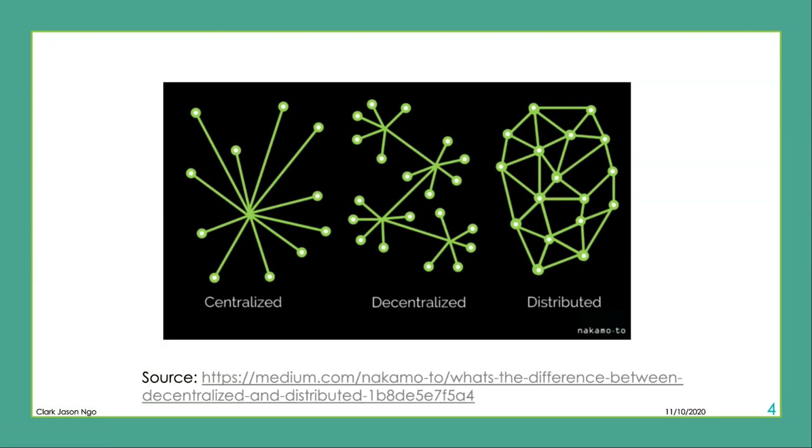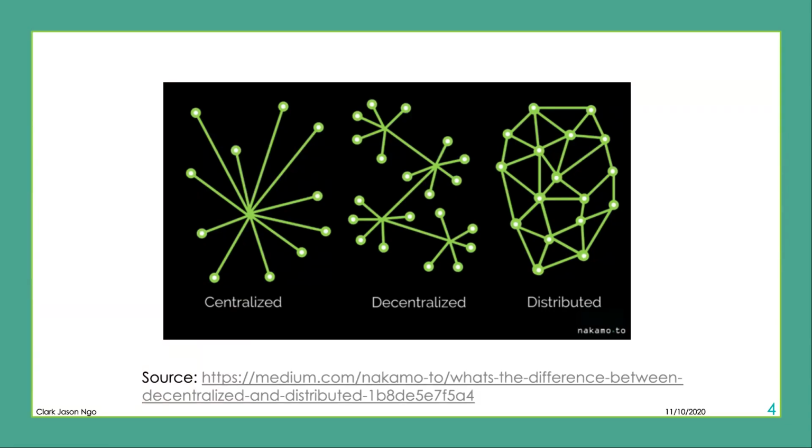So there are three things: centralized, decentralized, and distributed. As you can see in the image, centralized means everyone has a single point of contact in the center. Decentralized, you do have different central nodes, and that makes it decentralized because there's not only one.